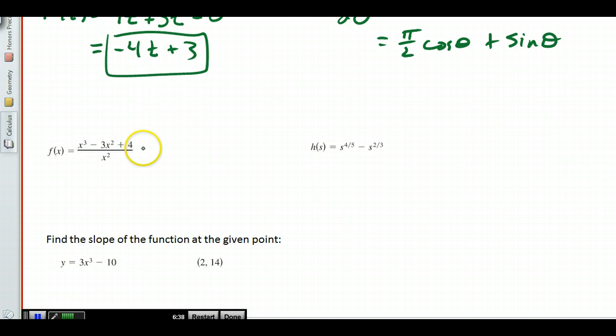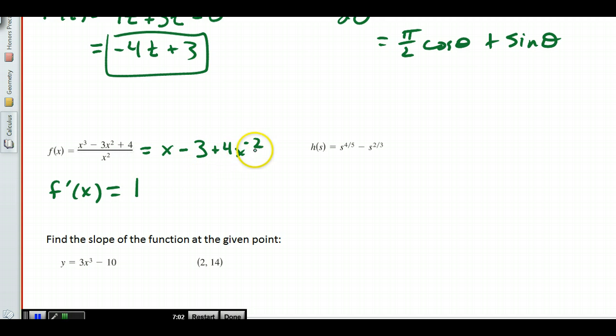Okay, well how about this rational function? What we want to do is divide that x squared into each term. So it's really x to the first minus 3 plus 4x to the negative 2. And now we're ready to figure out what f prime of x is. I'm going to get 1. The derivative of negative 3 is 0.